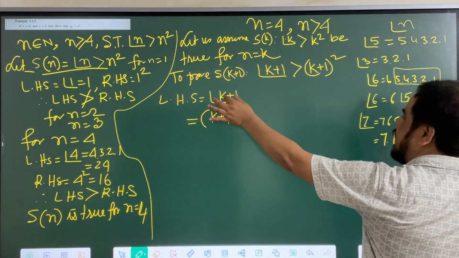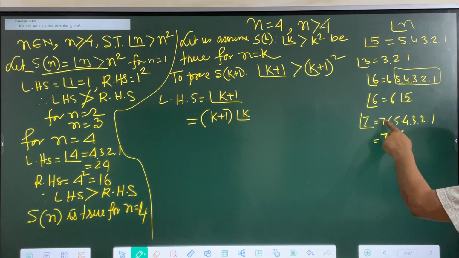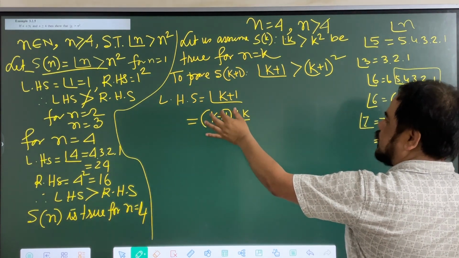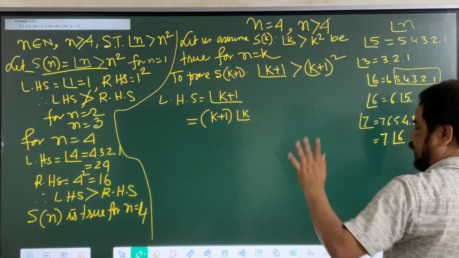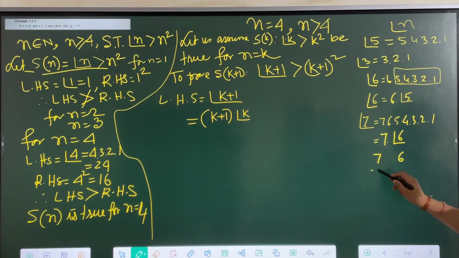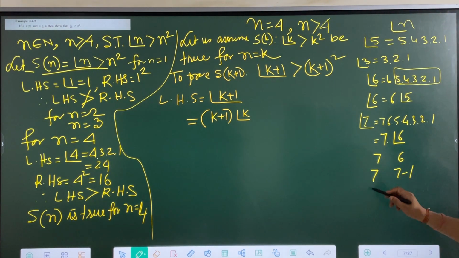This one, just think as 7. 7 is as it is 7. Next will be less than 7. K plus 1, the one less will be k. Look here, 7 and 6, the difference is 7 minus 1. Now in place of 7, if I write p, then p minus 1.